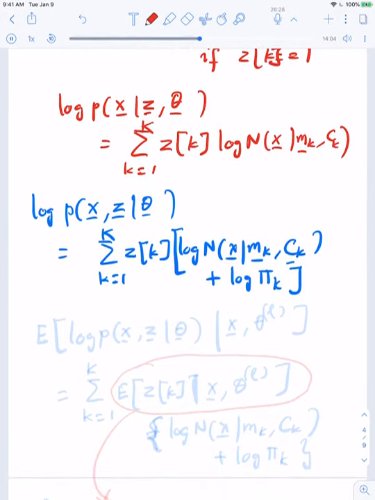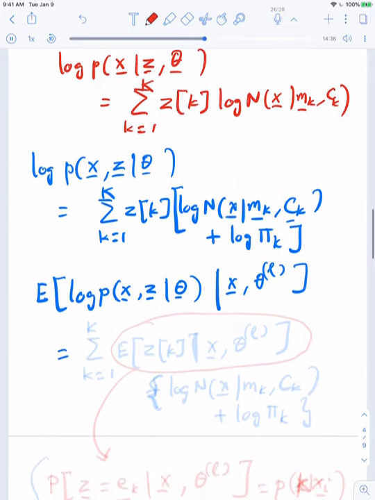So if I now take the expectation of this, the expectation of log of p of x, z given theta, given of course the training example and given some current estimate of theta. The only thing that happens is I'm going to replace the z_k by its expectation, and the other stuff stays the same.